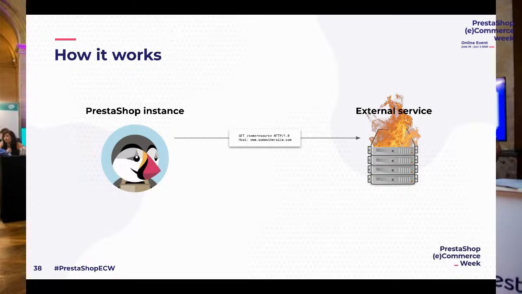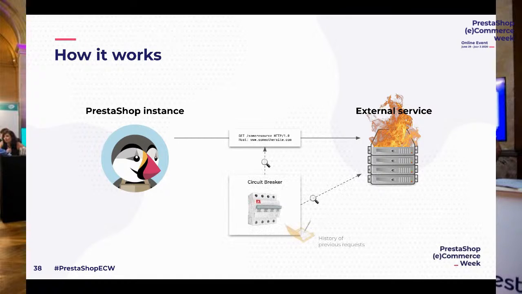So to get to the same example that I spoke about before, there's a request to an external service which is down, and this new library, which we call circuit breaker, will be observing requests made, the status of the server, which is supposed to provide an answer, and the history of how well the previous requests performed.